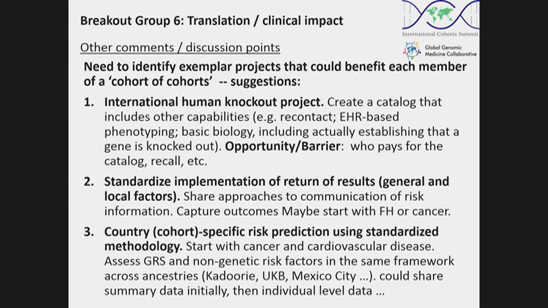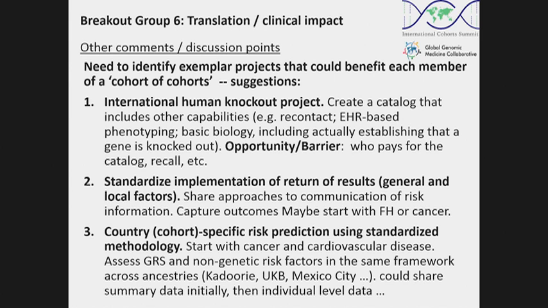And we thought that it would be reasonable to start with, for example, cancer risk, figure out how to decide which variants are important, how to inform people, and then look at outcomes, including costs and who gets screened and what gets detected. FH is another example. We could start there and move on from there.